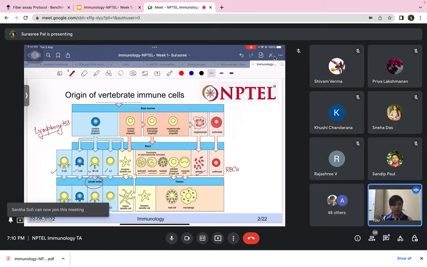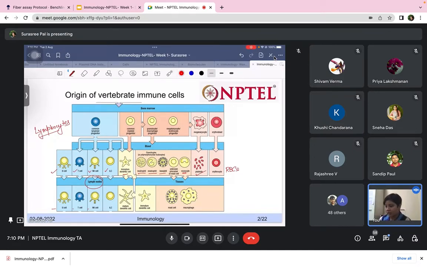So they are undergoing differentiation in the lymph nodes. Suppose here you can see these B cells, T cells, NK cells, they will attain more and more differentiation and more maturity in these lymph nodes.